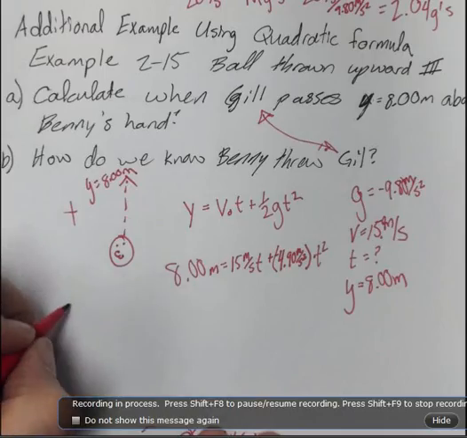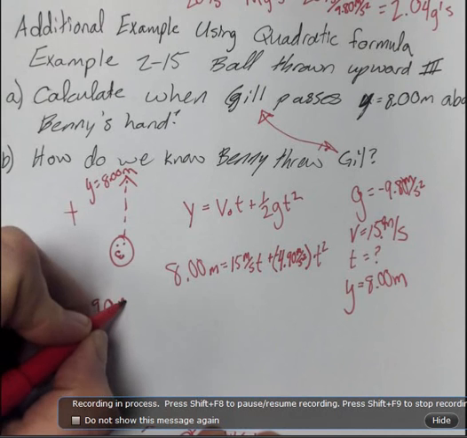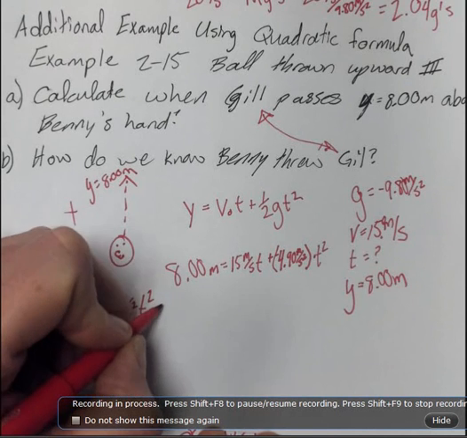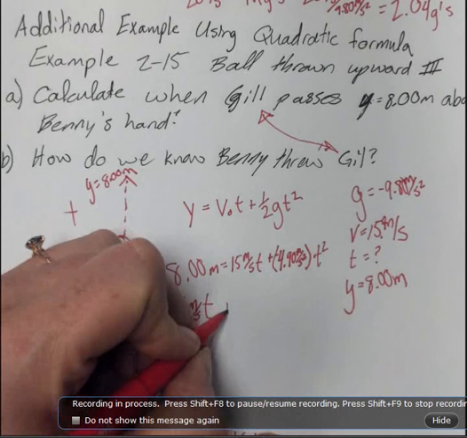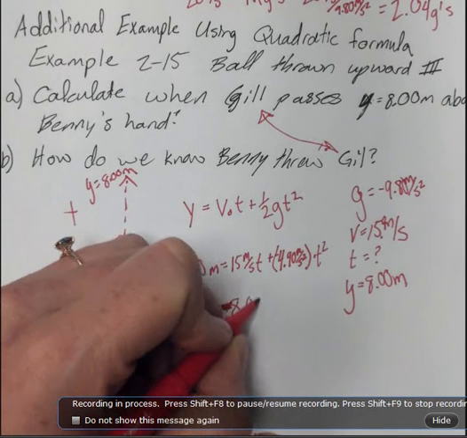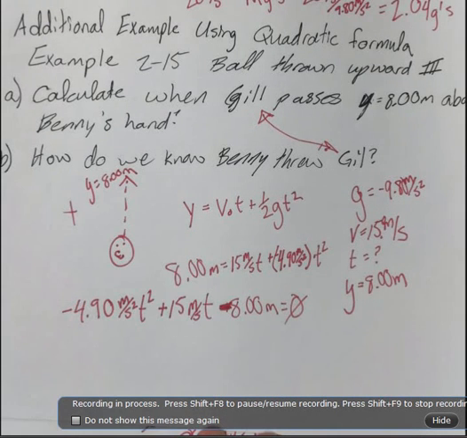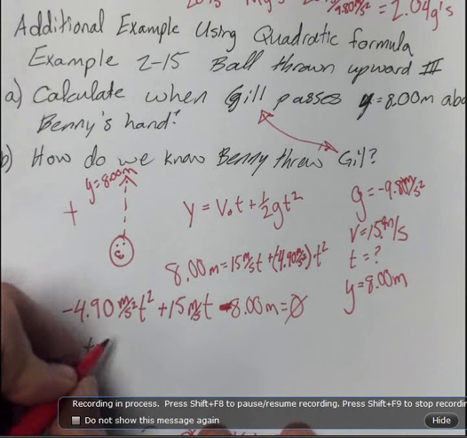So you've got negative 4.90 meters per second squared times time squared plus 15 meters per second times time minus 8.00 meters equals 0.